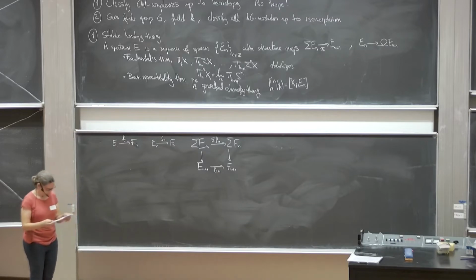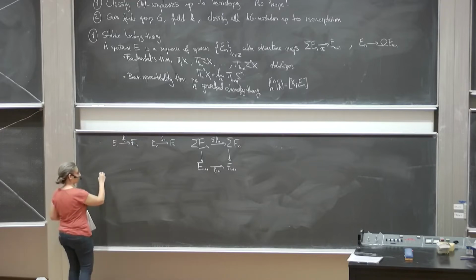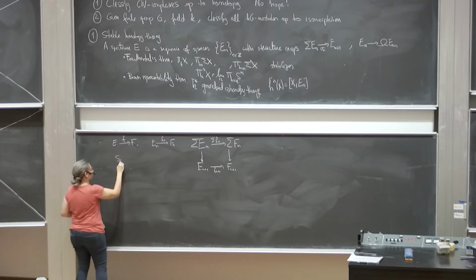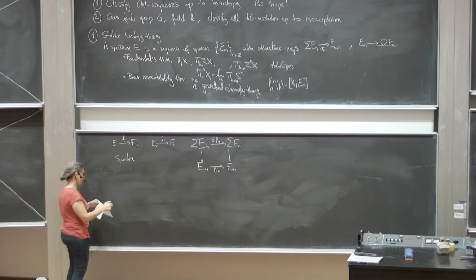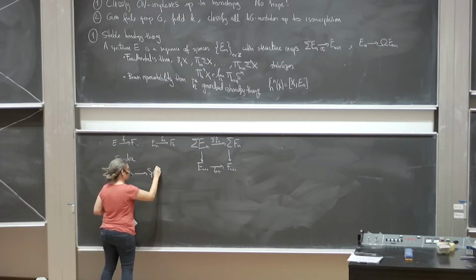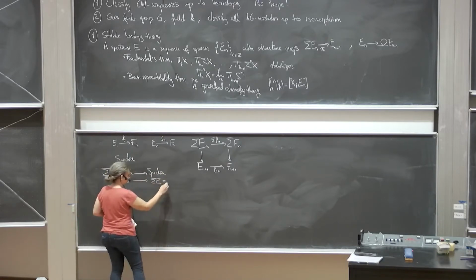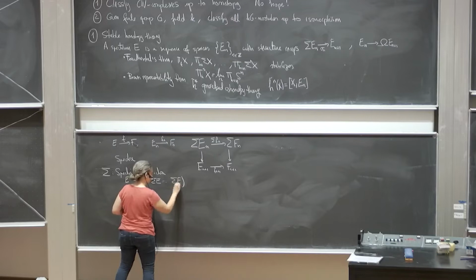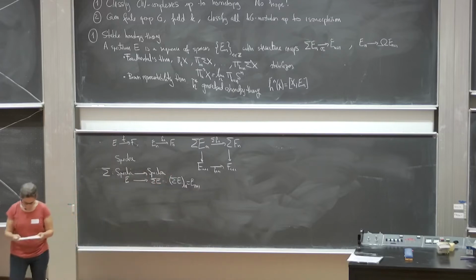Yeah. And so the point of considering a spectrum is that you can consider the following functor. So we organize this in the category of spectra, and we are considering an endofunctor which takes a spectrum E to the suspension spectrum, which in degree n is just En plus 1, right?